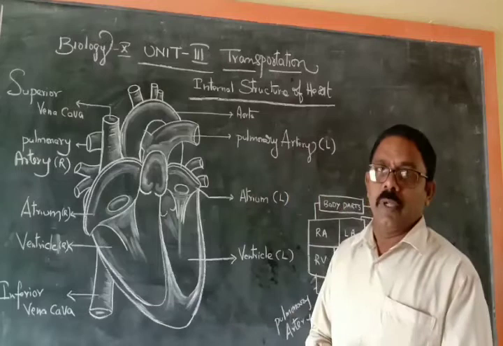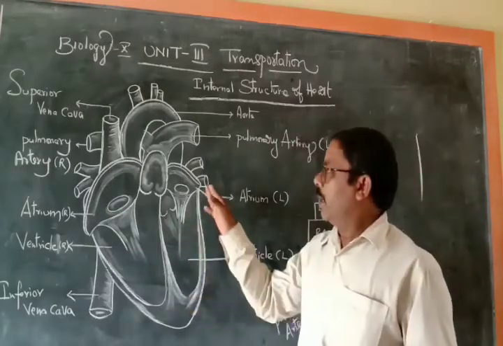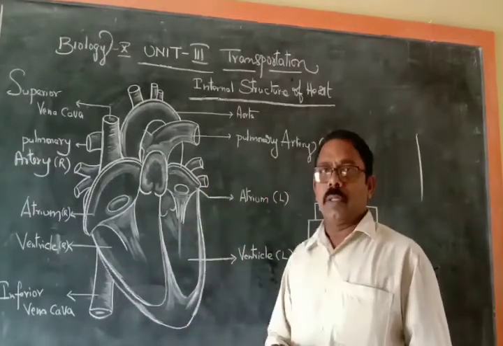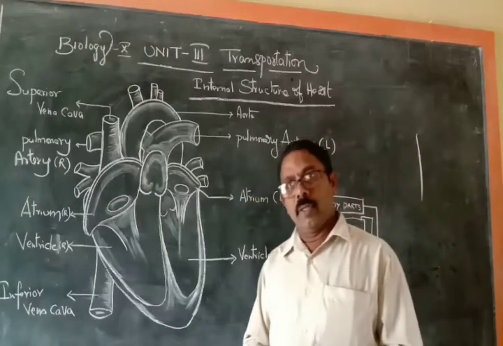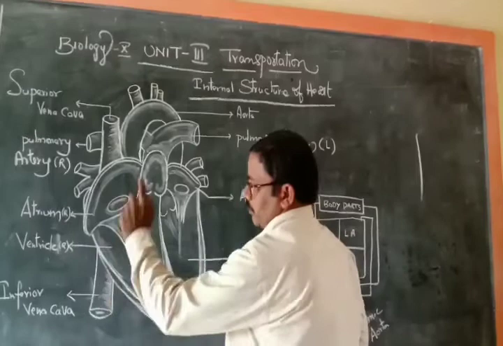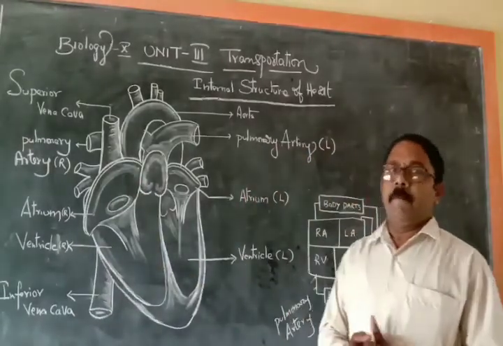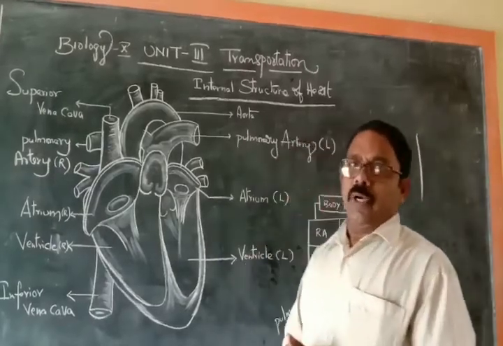Two membranes are there, and in between them the fluid flows. Very important bit for you: which fluid is present in the covering of the heart between the two layers? Pericardial fluid. Which membrane covers the heart? Pericardial membrane. So that is the external feature of the heart.